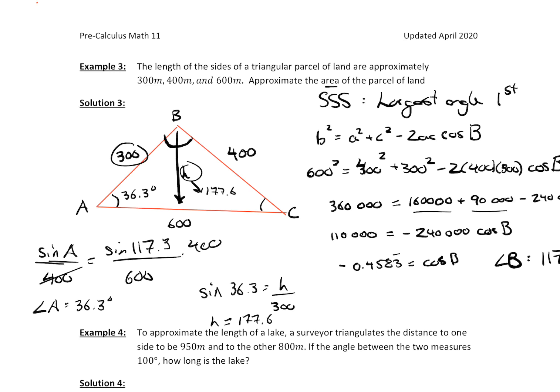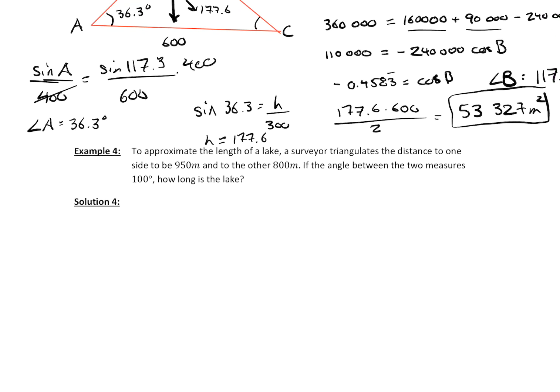And how do you get the area of a triangle? Base times height divided by 2. So 177.6 times 600, all divided by 2, gives us the area of the triangle, which is, this plot of land is 53,327 meters squared. That's a big chunk of land. Okay, so a little bit of work to do there, and sorry for the delay on my lack of calculator.